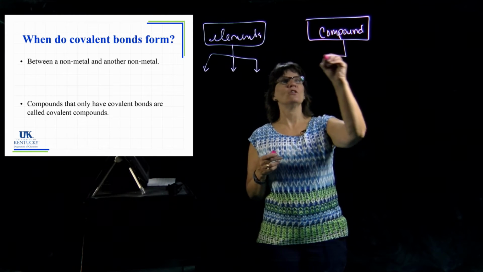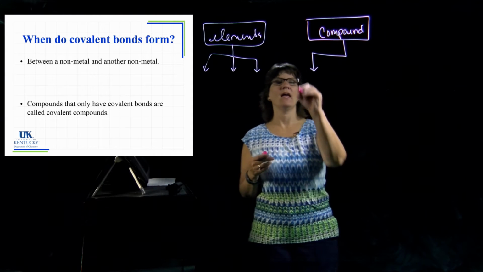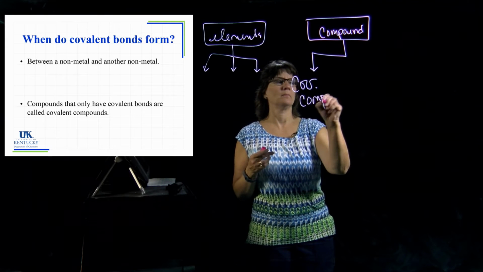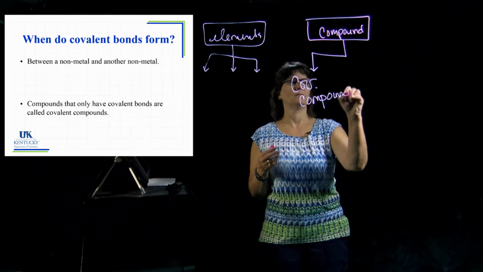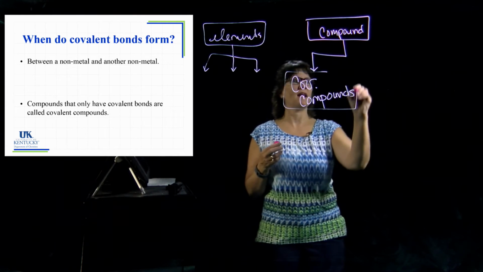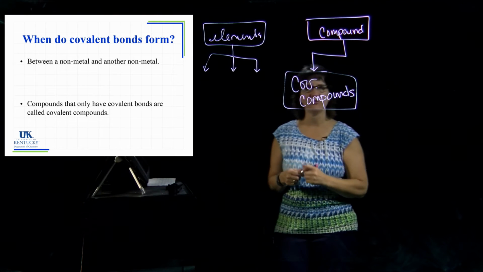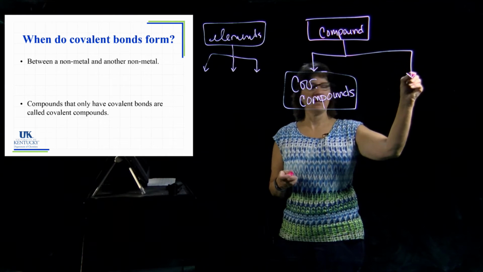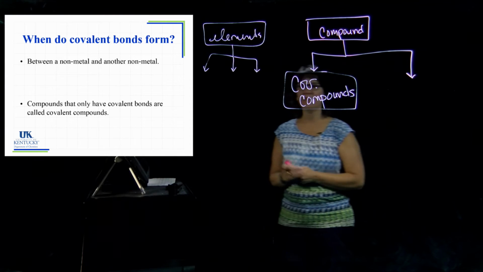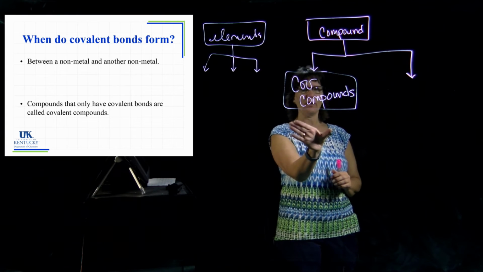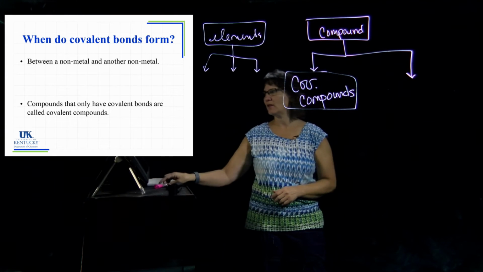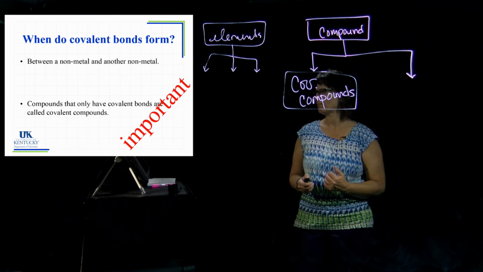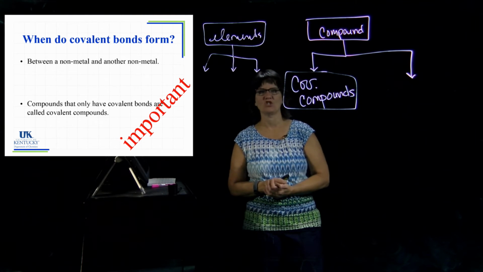Now we have our first subcategory of compound, and that is covalent compounds. Okay, so we've got it subdivided. It's not the only type. There'll be one other type that we'll see in a little bit. But anything that is only made up of the sharing idea that we've been talking through in this lesson is called a covalent compound. And that is going to be a very important distinction.